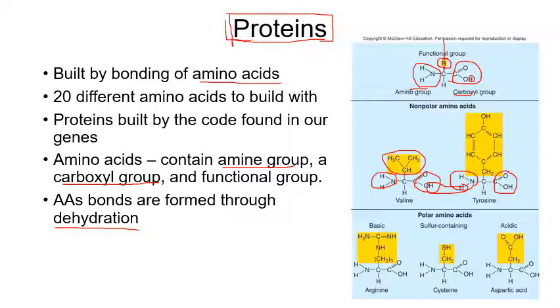Alright, so we'll have these long chains of amines and carboxyls of the different amino acids bound together, and then we'll have these R groups projecting out from them. The bonds are made between here. There would be another bond here and another R group here. So these groups are going to give the functionality of the proteins.